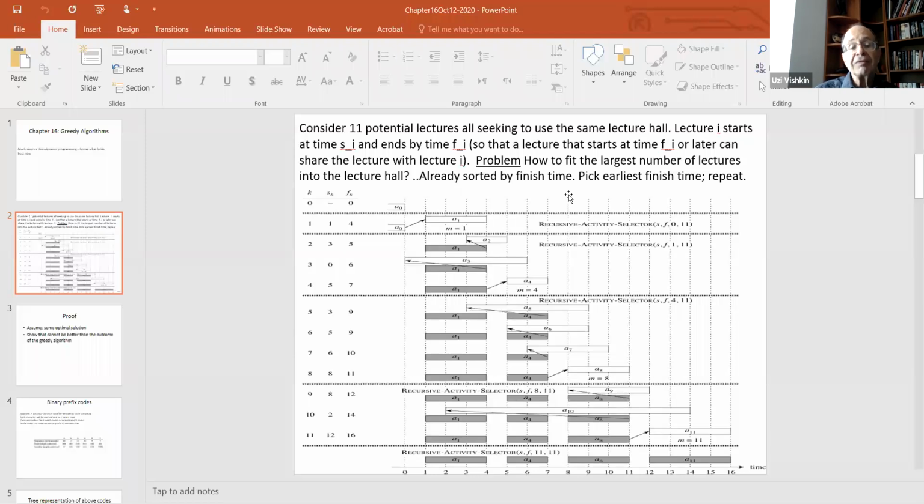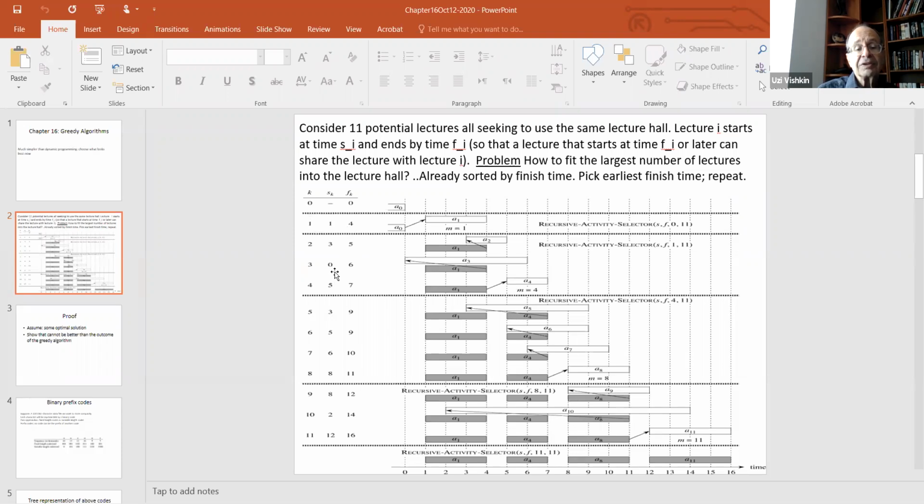So what are we given for each lecture? For each lecture, we are given its starting time and finish time. So in this case, lecture 1 starts at 1 o'clock, ends at 4. Lecture 2 starts at 3, ends at 5.